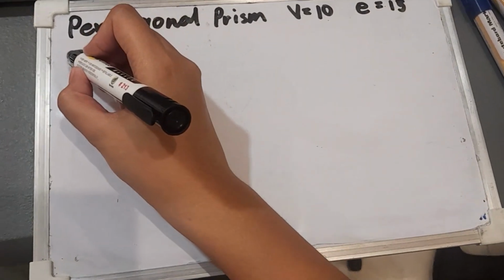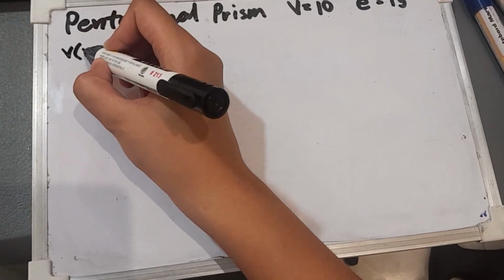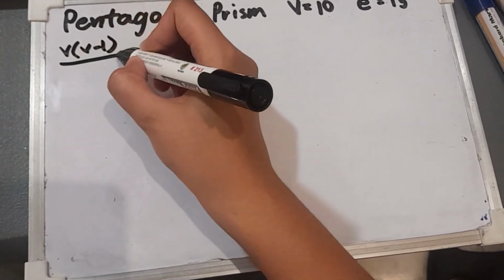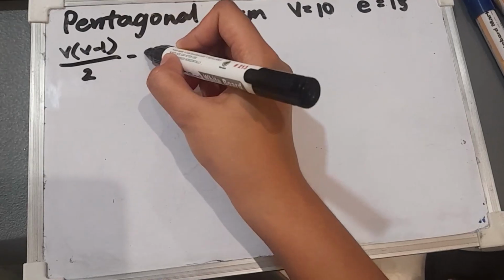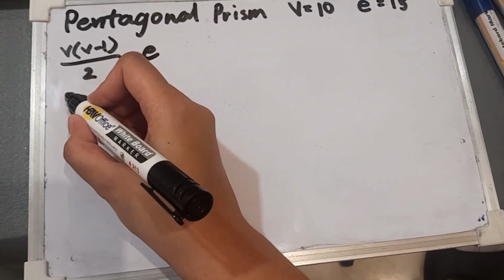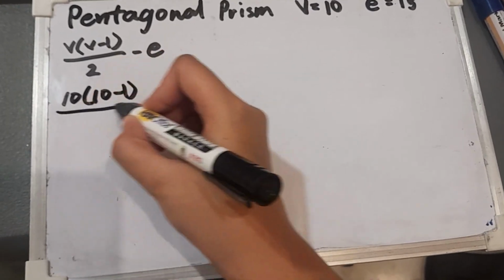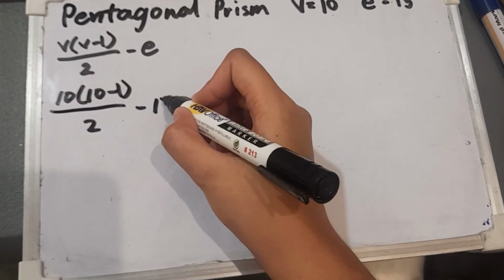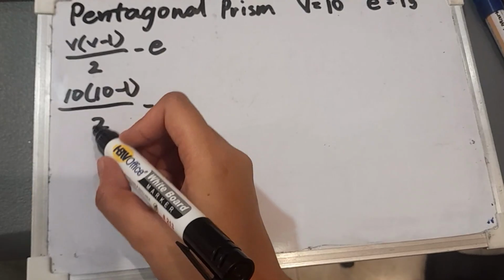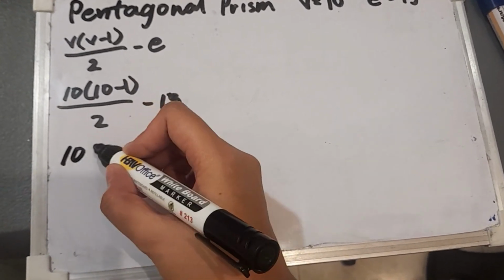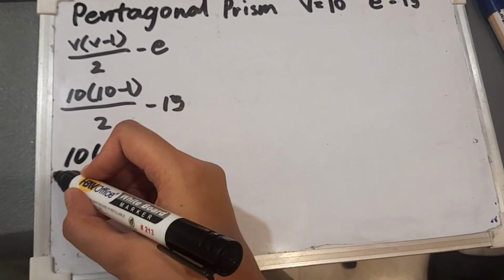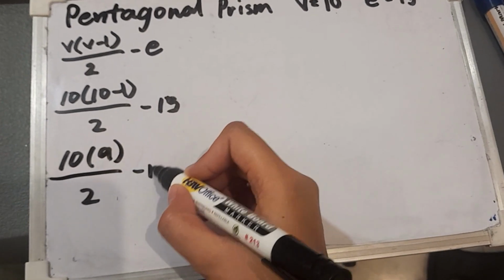So let's use the formula V times V minus 1 over 2 minus the edge. So vertex times vertex minus 1 divide 2 minus 15, where 10 minus 1 is 9. Divide 2 minus 15.